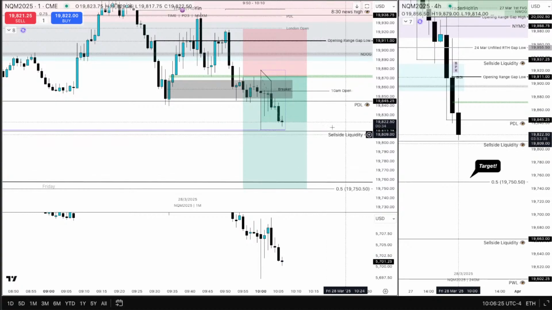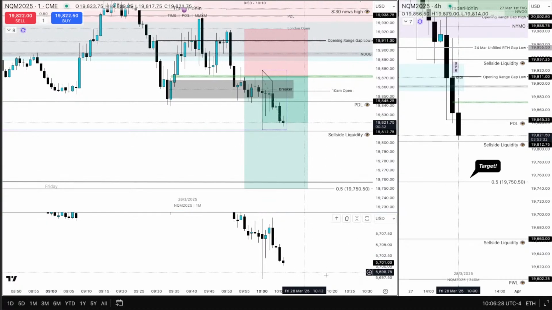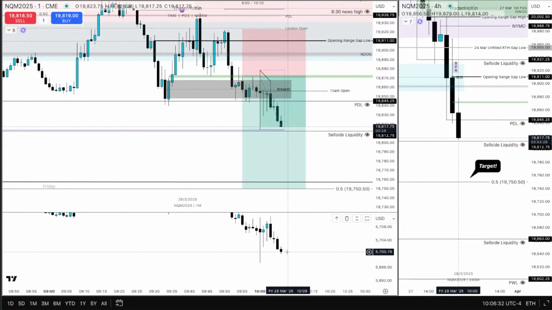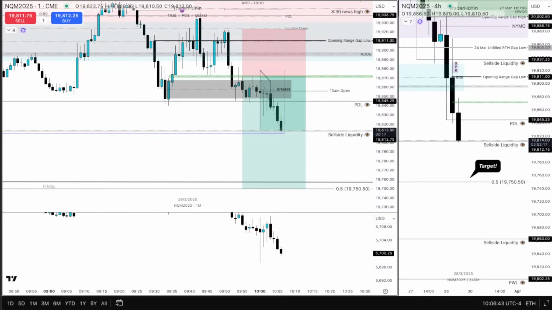NQ will sweep this sell side. I'm not sure about the ES. ES should do it as well, because I don't trust this 1 minute SMT, because the 1 minute SMT won't last.